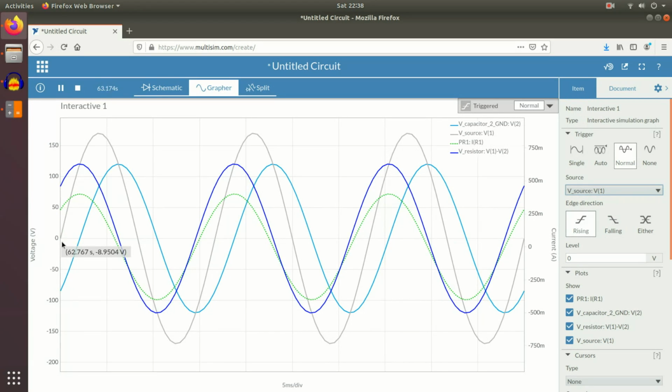Really quick, let's change the source of our trigger to the voltage source, and now we see that we have that 120 volts signal starting at phase angle 0. And you can see that the resistor is early by 45 degrees, and you see that the capacitor is late by 45 degrees.